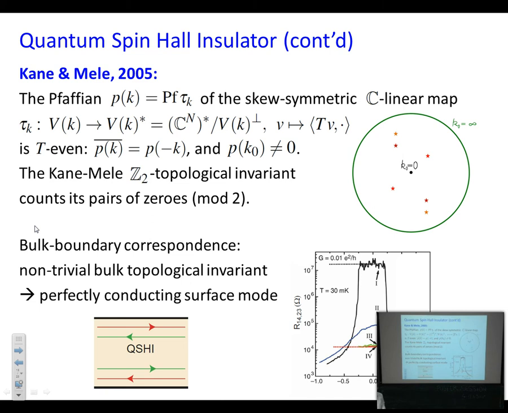This was figured out by Kane and Mele, two physicists. They came up with this. They didn't write it in this language. I sort of polished it and emphasized the true mathematical structure, at least as I see it. But in their own words, calling it the overlap matrix, the matrix of overlaps formed with the T operator, they came up with this characterization.